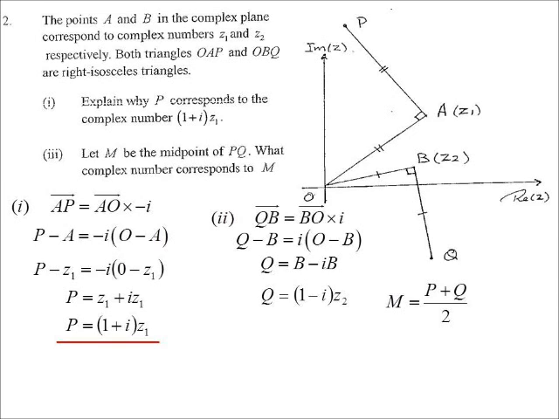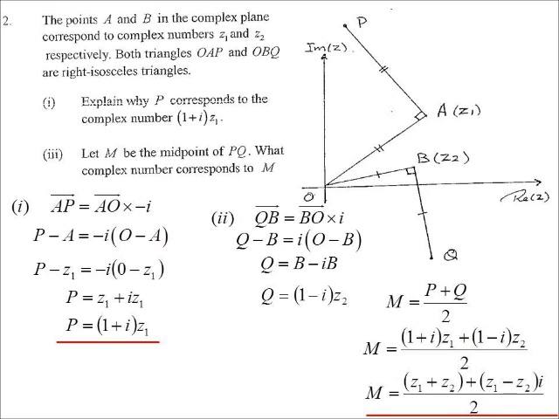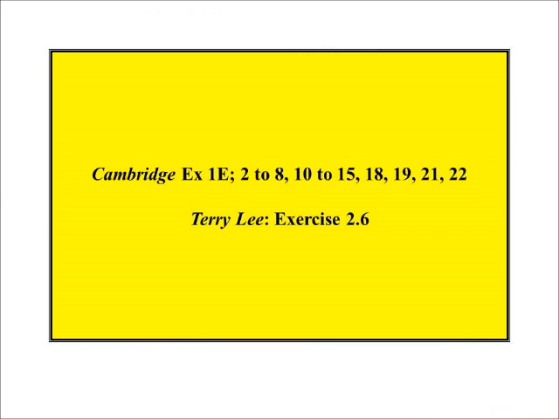Add them together, divide by 2. So it'd be P plus Q divided by 2, and there's our answer. I probably rearranged it into real and imaginary, did I? Yes, I did. So we get Z1 plus Z2 plus Z1 minus Z2 i all over 2. But yeah, what's the point of that? Because they're all complex anyway.